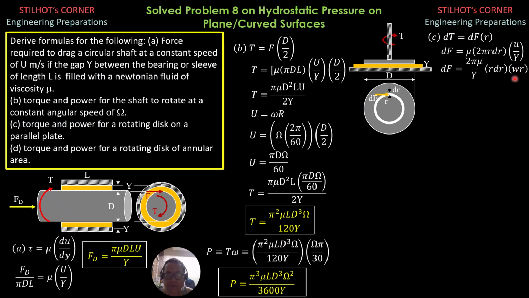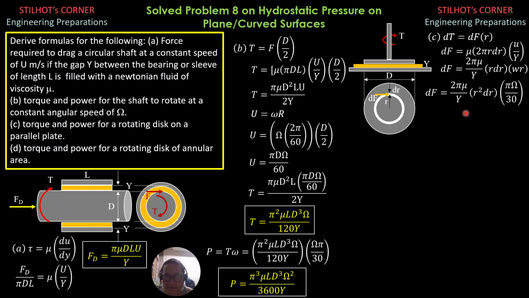Since W is equal to, again, omega pi over 30 from this expression here, then we have 2 pi mu over y r square dr times pi omega over 30.